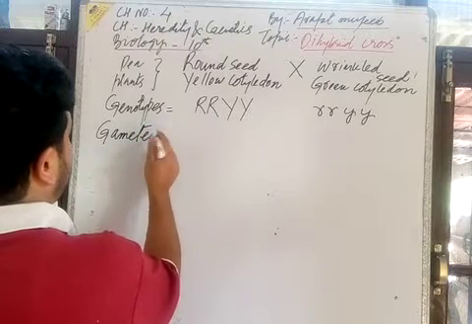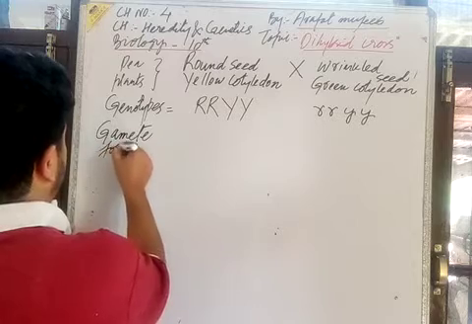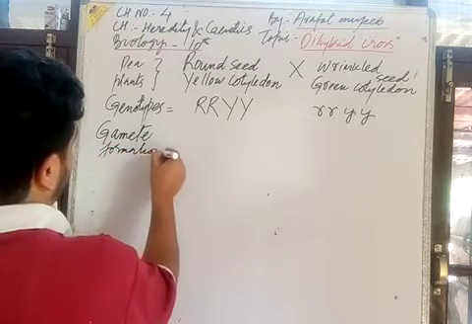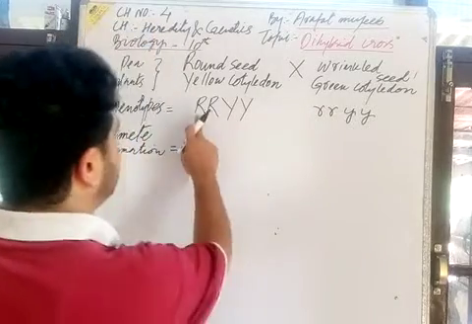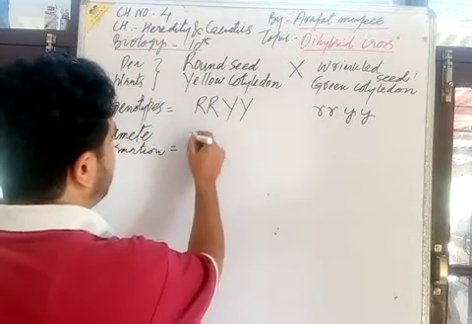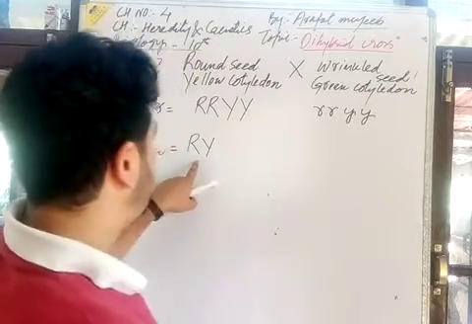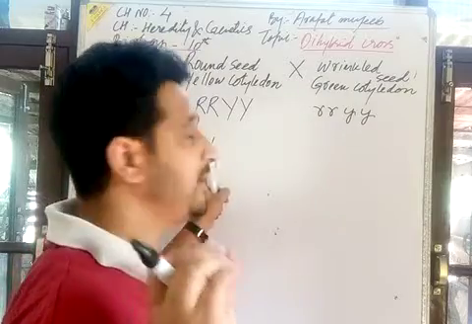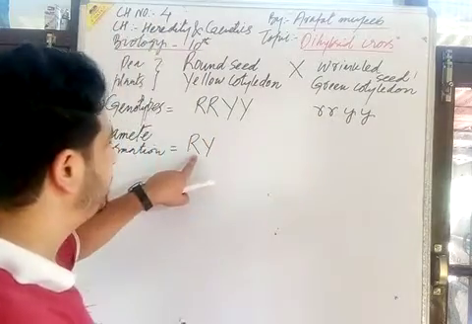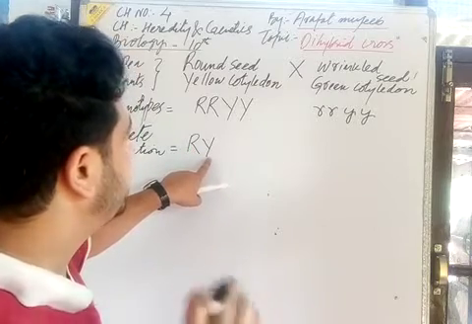What happens in gametes? Here is the gamete formation, we will write here, gamete formation. Now here gametes will form, this or capital R small. Here is the gamete formation. Now if there is a gametic cell, a sex cell, it contains the haploid number of gene of round seed and the haploid number of gene.